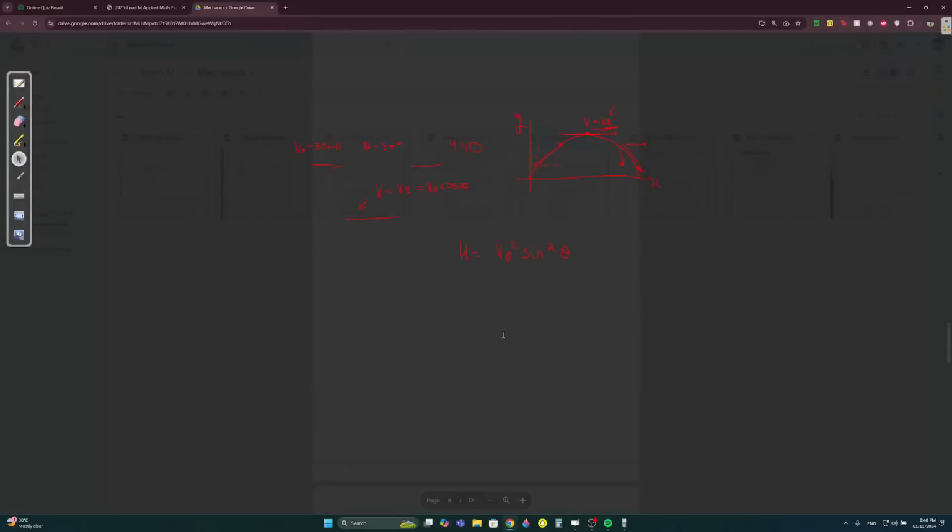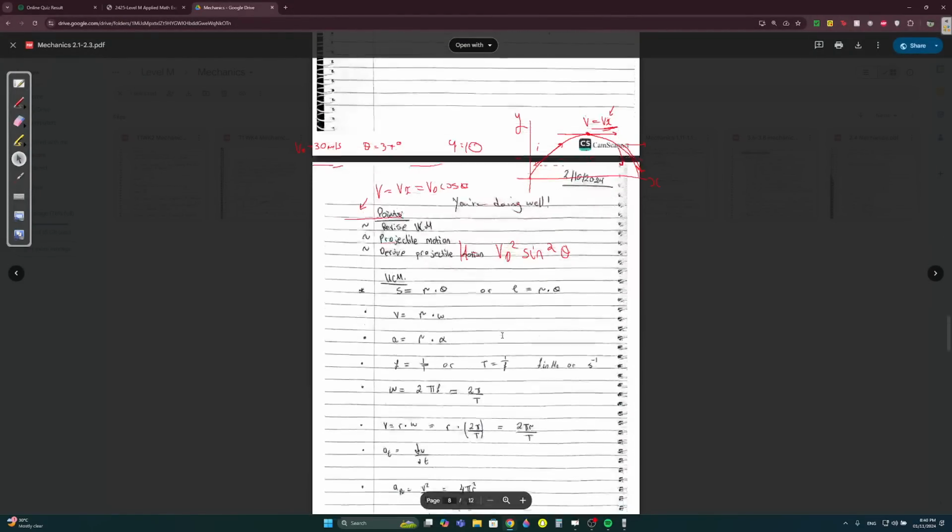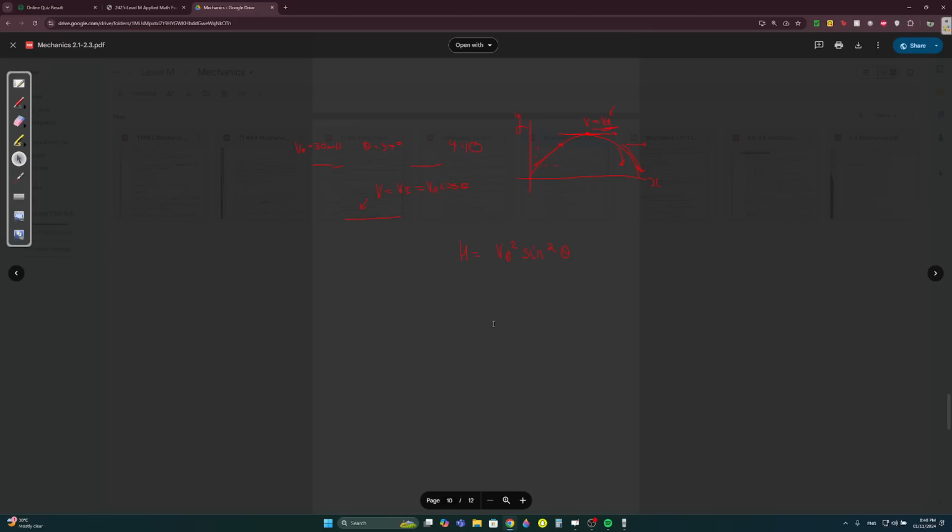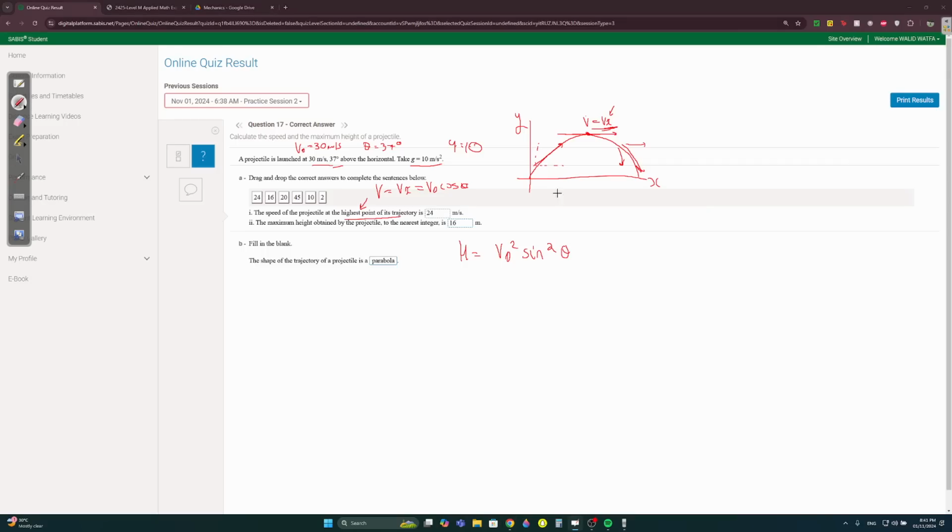Yeah, okay. Height is V node squared sine squared theta over 2G. The range is V node squared sine 2 theta over G.